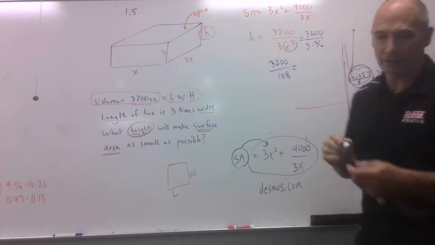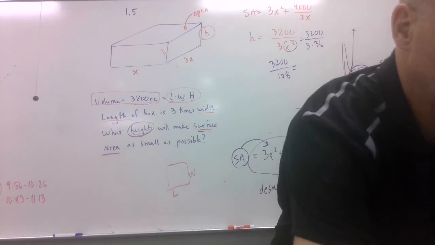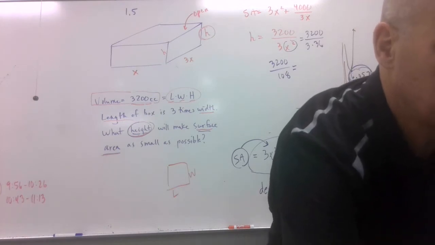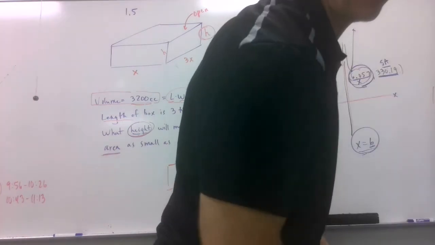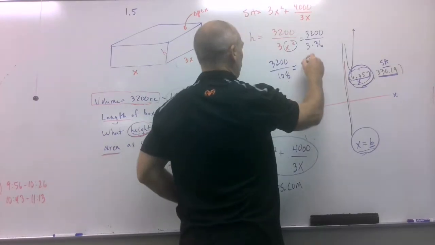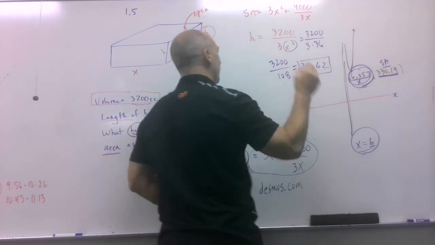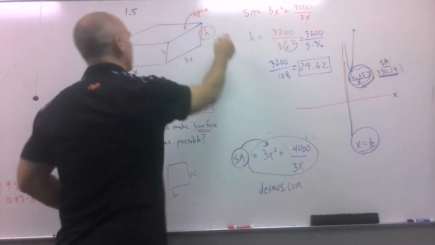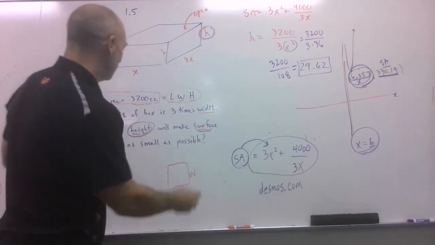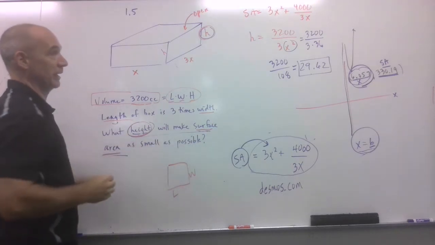I don't know if I calculated this yet or not, so let me pause it. Okay, I did. This is 29.62. So that's the height of this box that minimizes the surface area.